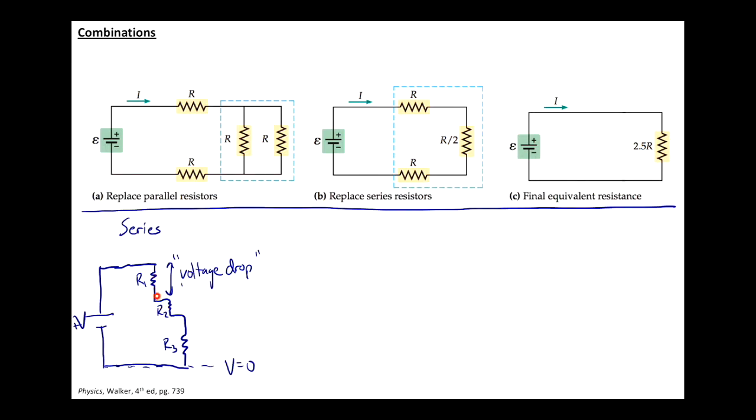The voltage has dropped. I like to think of the current as a waterfall: it was at one level of height, went through the resistor, fell some, and is now at a lower level, and it's going to fall through another resistor, and the voltage is going to drop once again. So that's voltage drop V1, this one will be voltage drop V2, and this one will be voltage drop V3.